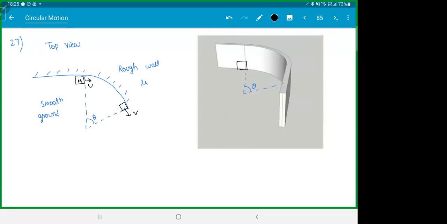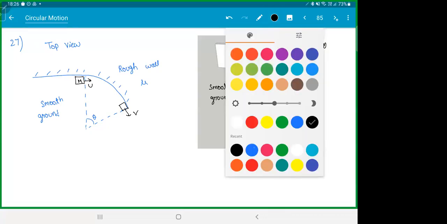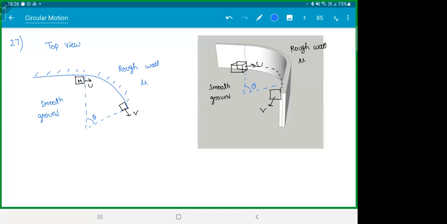So this block is entering like this. It enters with u like this. So it is gliding on this wall and comes out with v. So this is a smooth ground, whereas this wall is rough. Clear with this? How is the diagram?